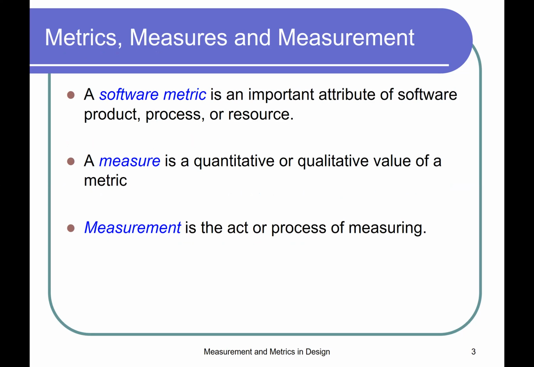Okay, so the word metric that I keep throwing around is a concept that is important for us. It defines some sort of an attribute, a very important attribute about our software, whether the software product, the process, or resource.